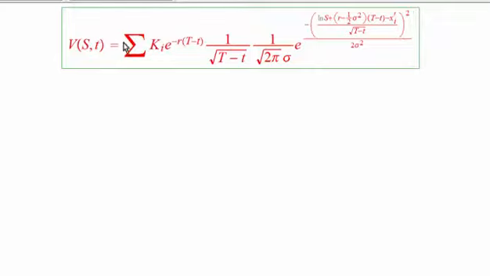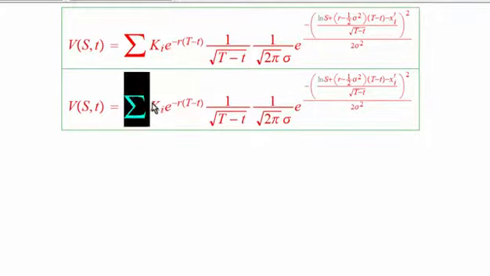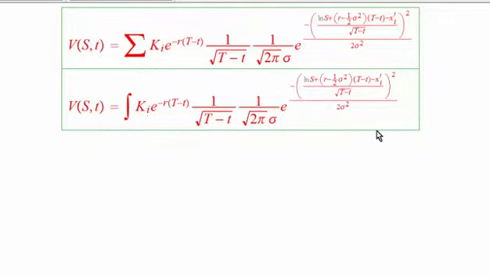Well, now we're going to morph this sum into an integral by making these k's really super close together. Instead of doing a sum, I'm going to do an integral, and in morphing a sum into an integral, something has to go to 0.